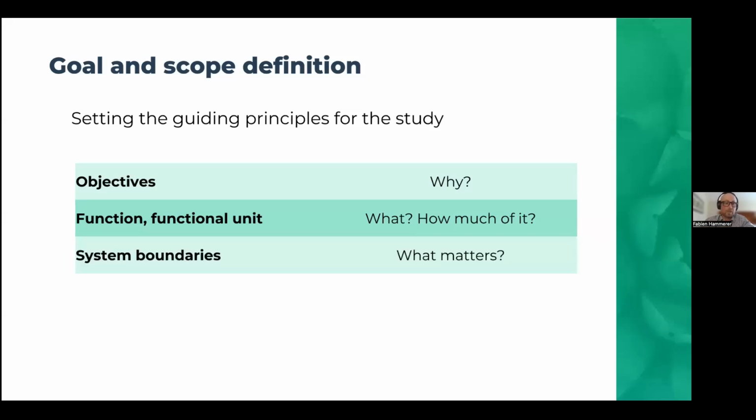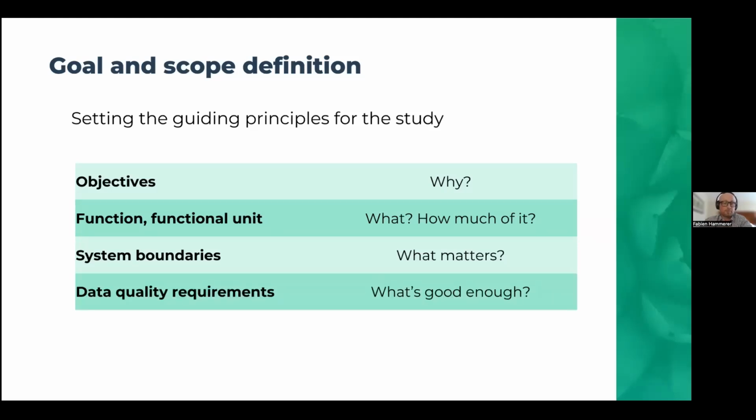You want to define your system boundaries, which basically is deciding which part of a life cycle assessment and which processes are included or excluded. So it's basically asking the question, what matters in terms of the part of the system that we want to study to meet our objectives.